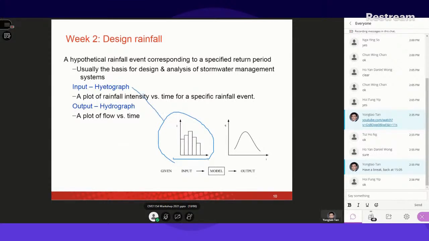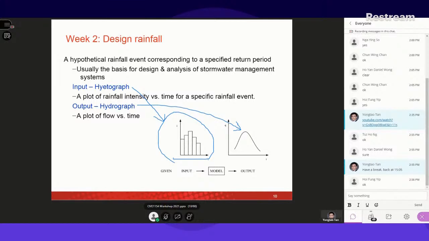Now the output is the hydrograph, which is a plot of flow rate against time. The y-axis is the flow rate, in cubic meters per second, and the x-axis is time, showing how the flow rate changes with time.